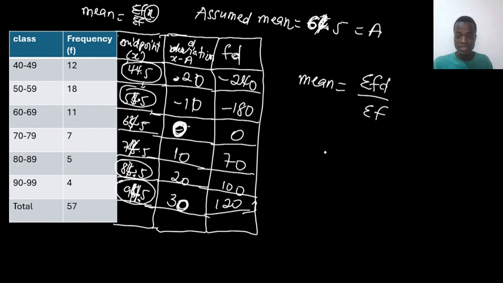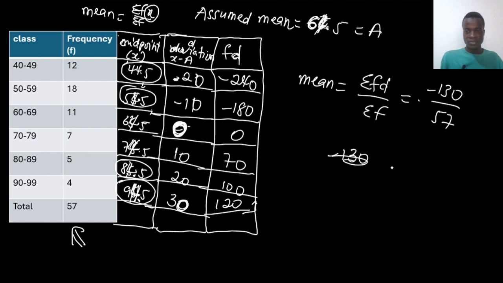What I have here is negative 130. That's what I have for my sigma fd. Over sigma f, the sum of all frequencies, that's what we have here. So I have 57.